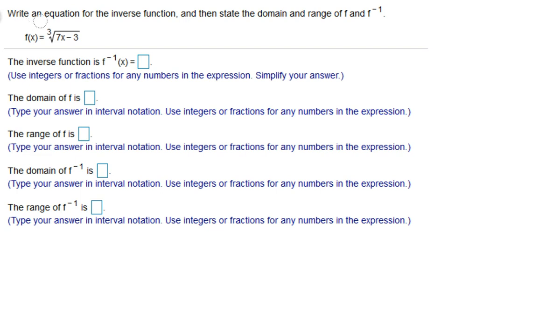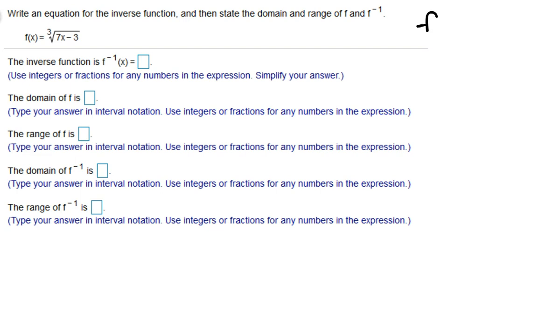This example says, write an equation for the inverse function and then state the domain and range of f and f inverse. Our function is f of x equals cube root of 7x minus 3. There's a 3-step process we can go through for finding the inverse of a function.